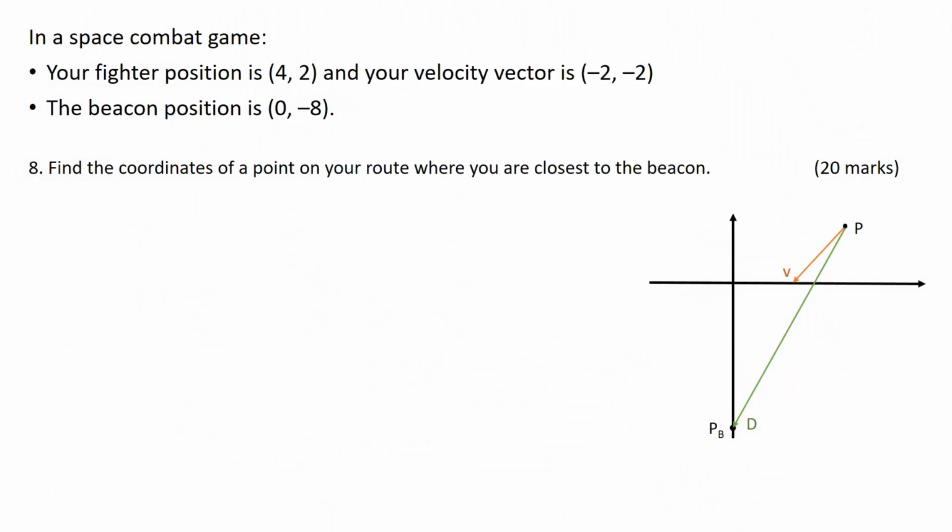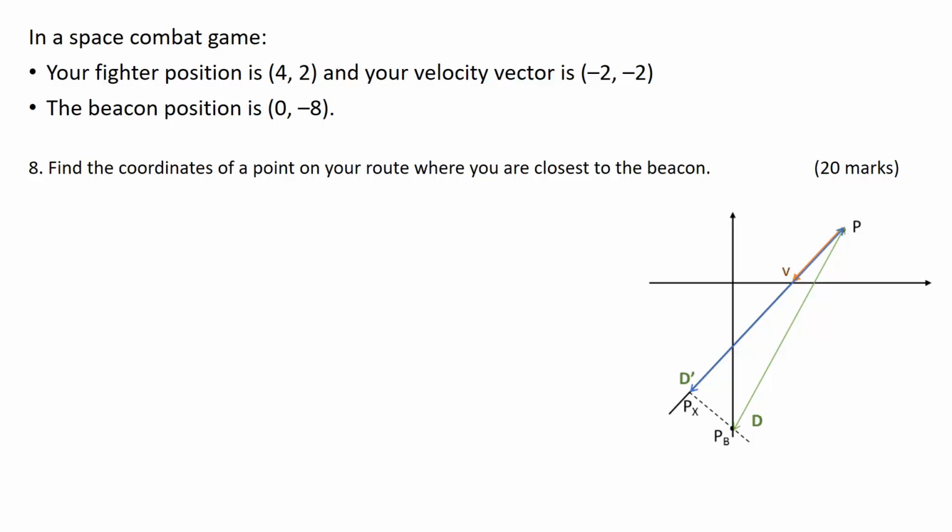In question 8, we ask for the coordinates of a point on your route where you are closest to the beacon. Expanding our diagram by showing the further motion trajectory of the fighter, we can show the point we are looking for as px.